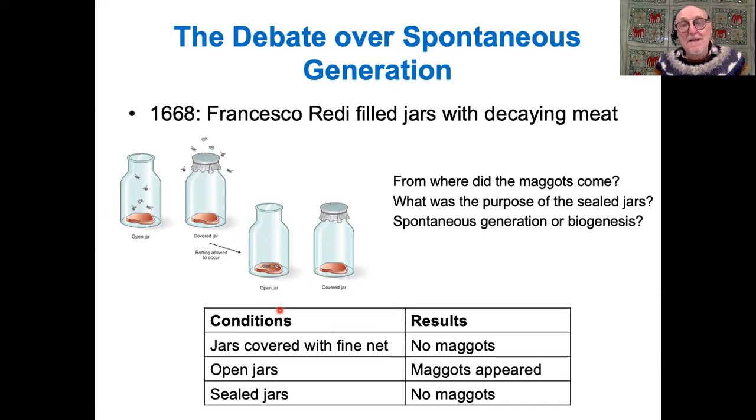What he did was he set up contrasting conditions. In the one condition was the normal condition, meat exposed to the air and obviously to flies. The other, so that is a control. That is a positive control. This is his experiment.